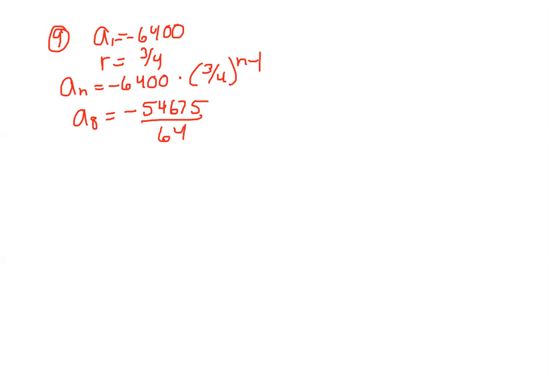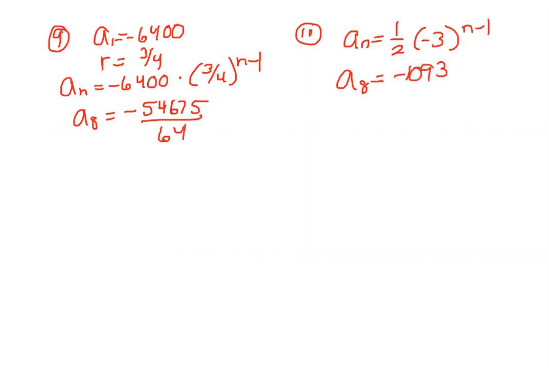Is that? And for number 10, I'll just give you the formula. 1/2 times negative 3 to the n minus 1. So A8 turns out to be that. All right, let's look at the next thing.